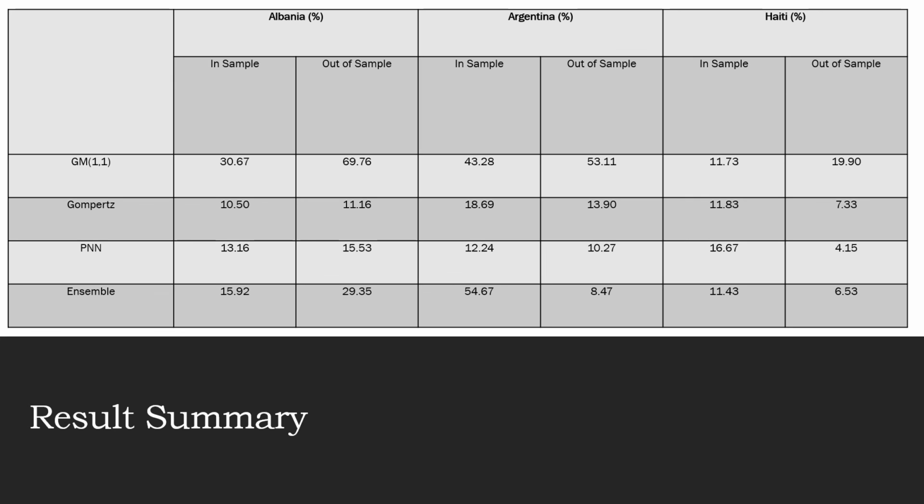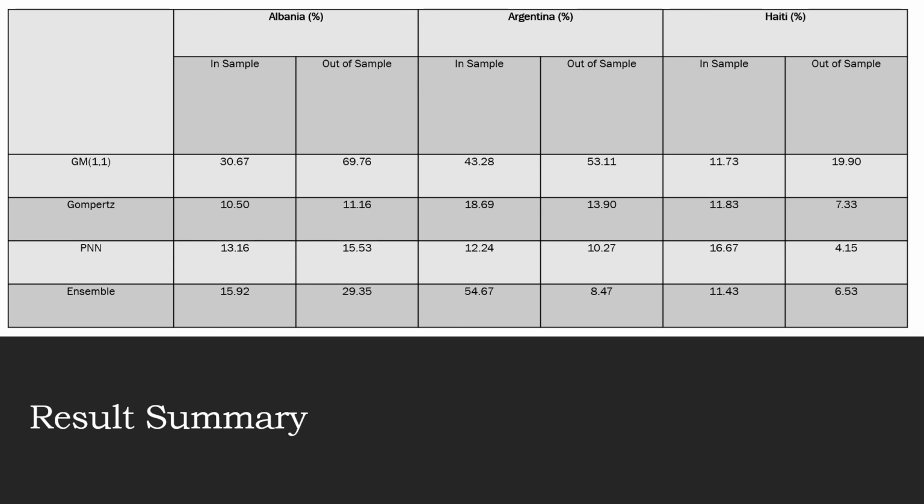And so when we look at the numbers comparing GM11, Gompertz and polynomial neural network, we see that for Albania, Gompertz is the better model, with an in-sample MAPE of 10.50 and an out-of-sample value of 11.16. For Argentina, the polynomial neural network outperforms the other two with an in-sample of 12.24 and an out-of-sample of 10.27.